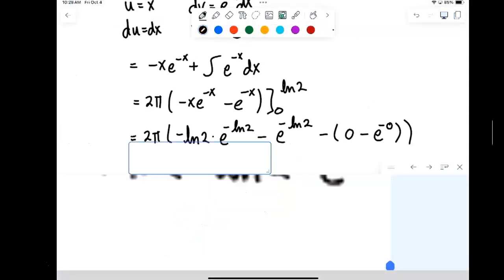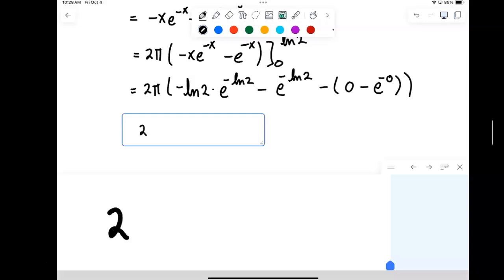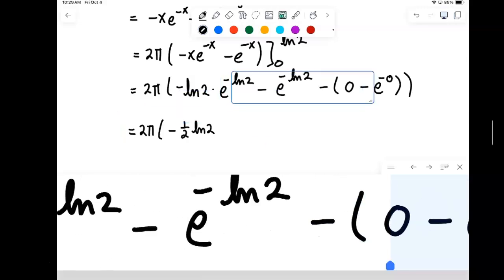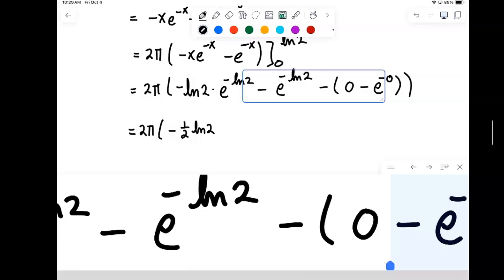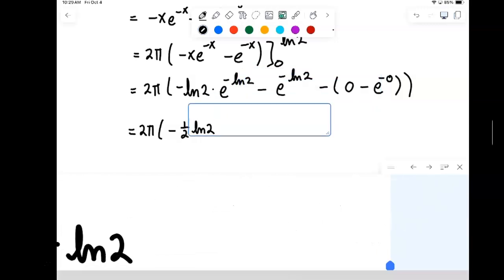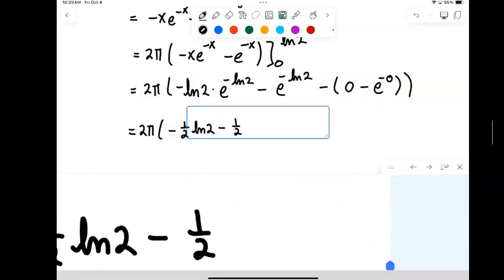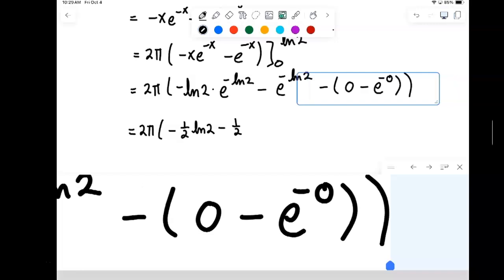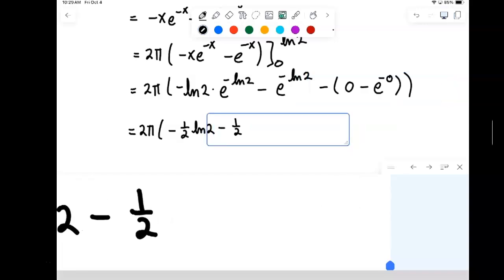So we get 2 pi times a negative 1/2 ln of 2. And in here, that's just going to become 1/2 as well, so that's going to be minus 1/2. And then here, e to the minus 0 is just e to the 0, which is 1. Minus a minus 1 is plus 1.